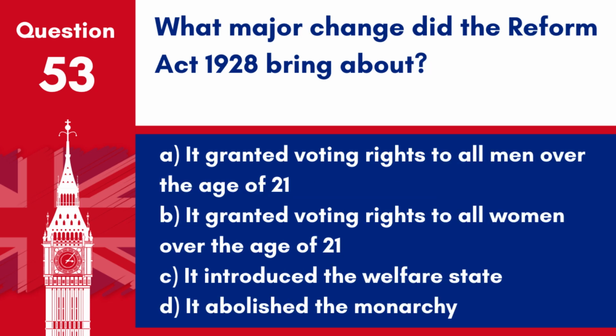Question 53. What major change did the Reform Act 1928 bring about? A. It granted voting rights to all men over the age of 21. B. It granted voting rights to all women over the age of 21. C. It introduced the welfare state. D. It abolished the monarchy.